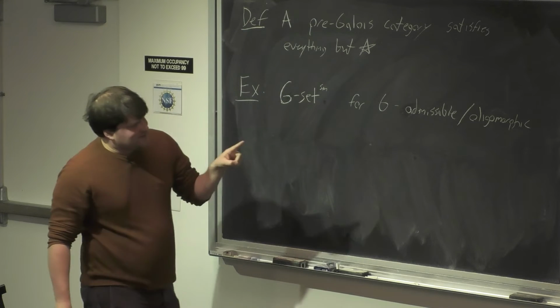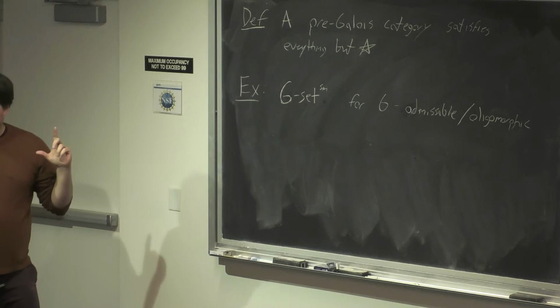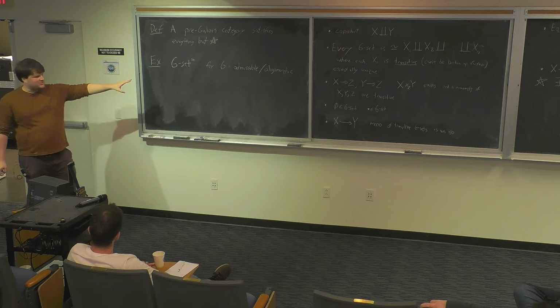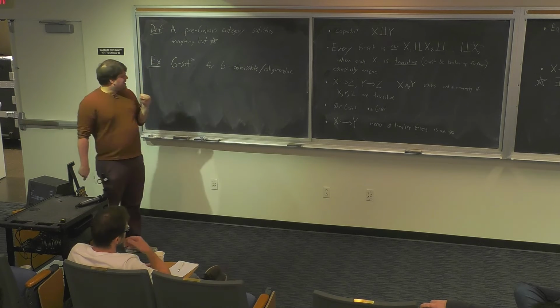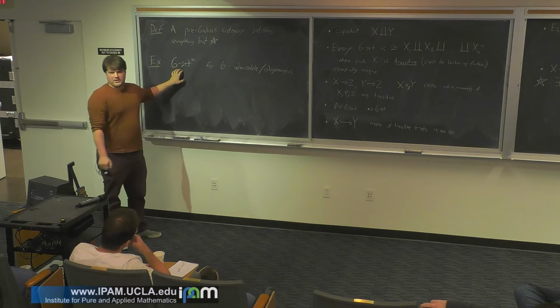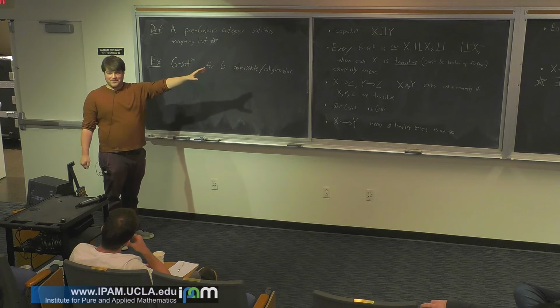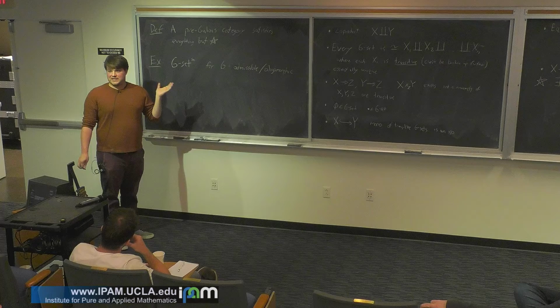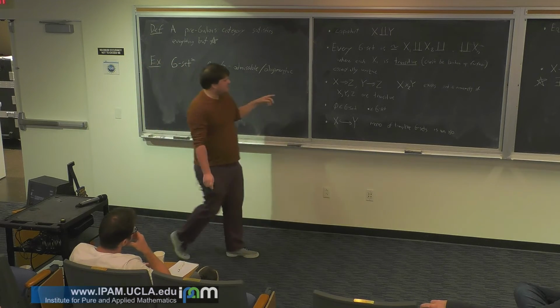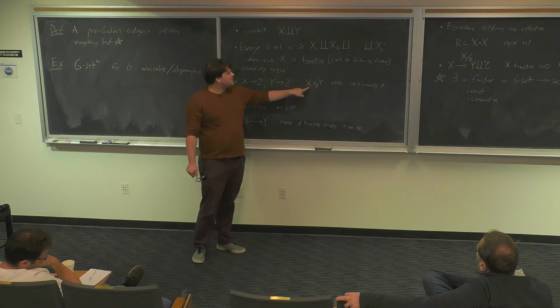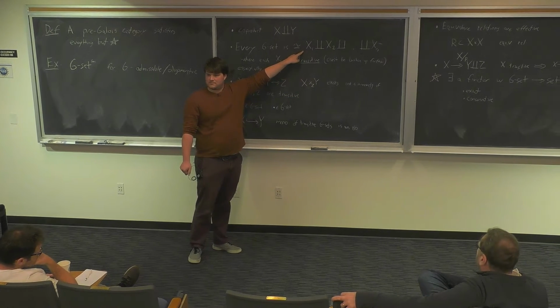And one thing I really want to highlight, where this oligomorphic condition is secretly hidden in these rules, is that if you want any category of G-sets to be a pre-Galois category, you're forced into the oligomorphic setting pretty quickly. The issue is, when you start taking products of G-sets, you still need finitely many orbits.